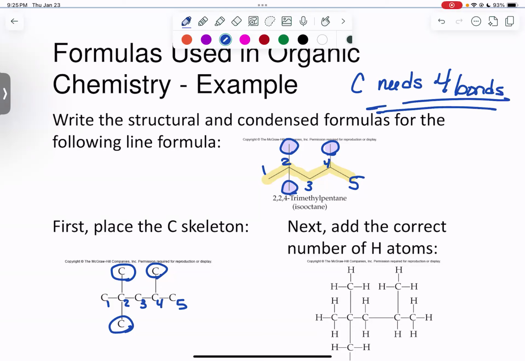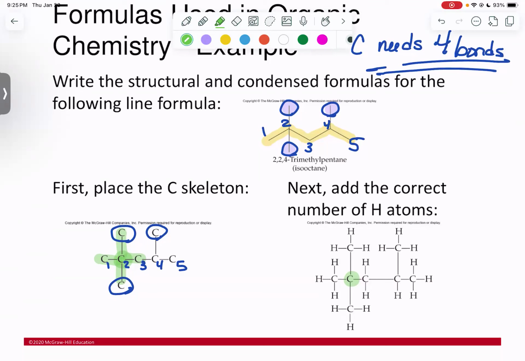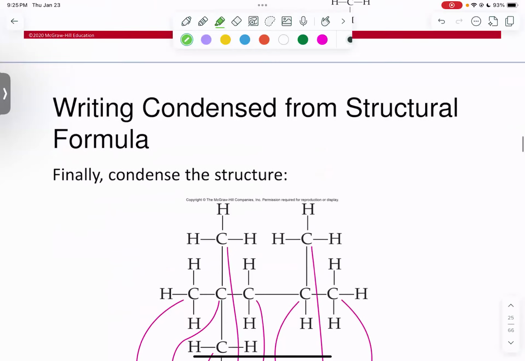If I look at carbon number 2, it already has 1, 2, 3, 4 bonds, so it doesn't need any hydrogens because it already has its complete octet. Be careful about making sure you give each carbon the correct number of hydrogens.